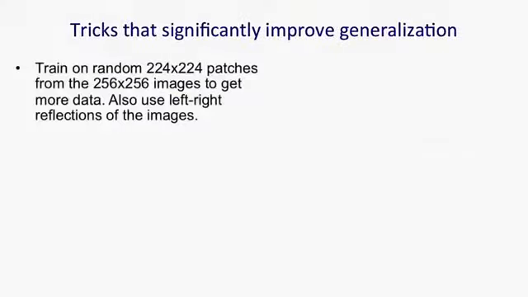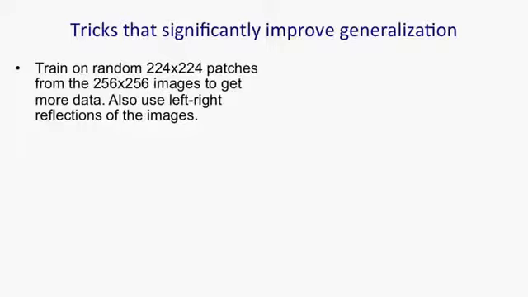There are other tricks that we used to significantly improve the generalization of this net. First of all, we used the trick of enhancing the data by using transformations. So Ilya Sutskever downsampled the images in the competition to 256 by 256, but instead of using those whole images, Alex Krizhevsky took random 224 by 224 patches from those images, which gave him hugely more images to train on and helped him deal with translation invariance.